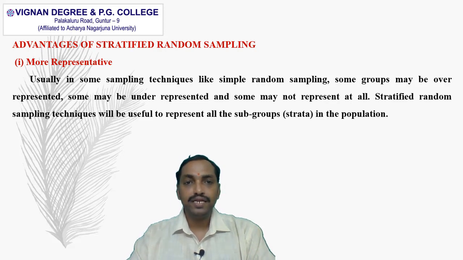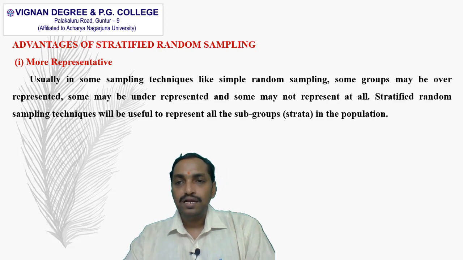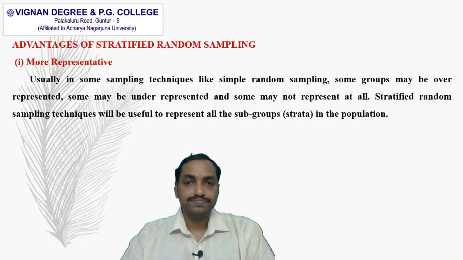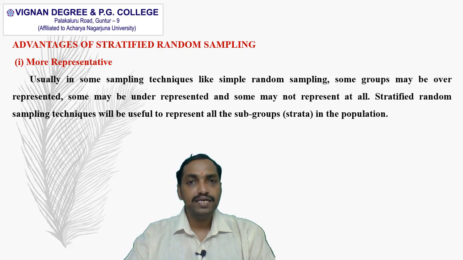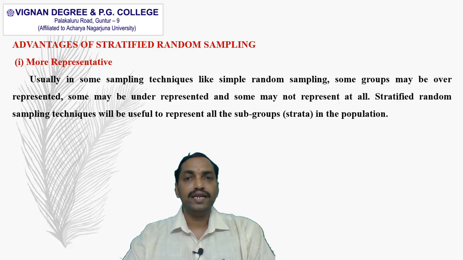In the previous videos, in the case of simple random sampling, we discussed an example of conducting a seminar. I want to conduct a seminar in a seminar hall with a seating capacity of 300 students. In simple random sampling, I selected 250 students from the final years and 50 students from the second years, so that final year students are overrepresented, second year students are underrepresented, and first year students are not represented at all in attending the seminar.